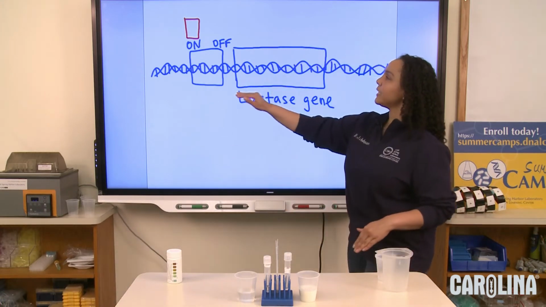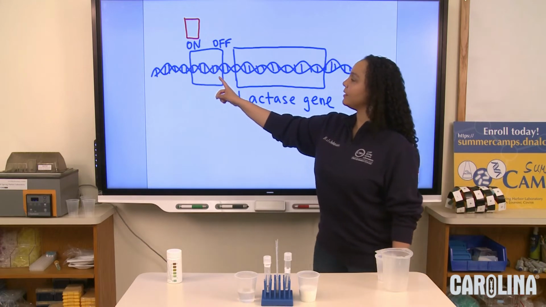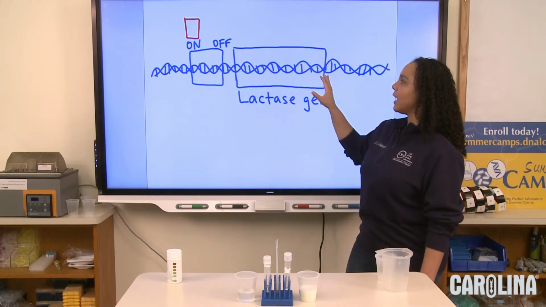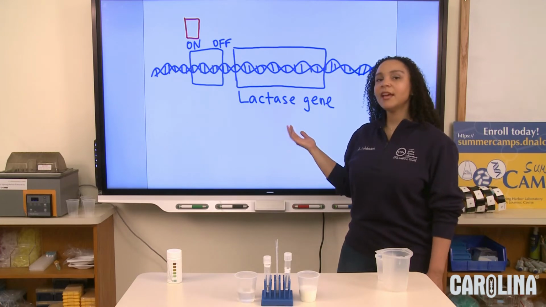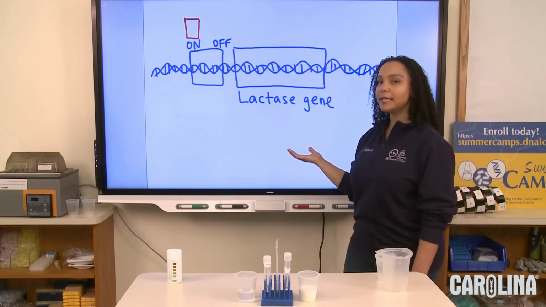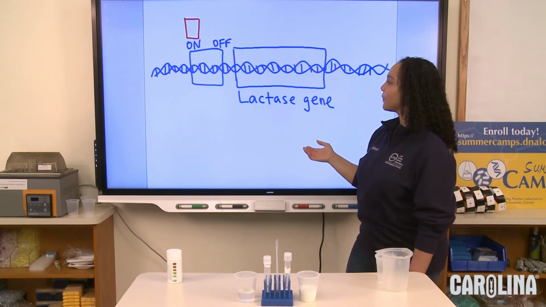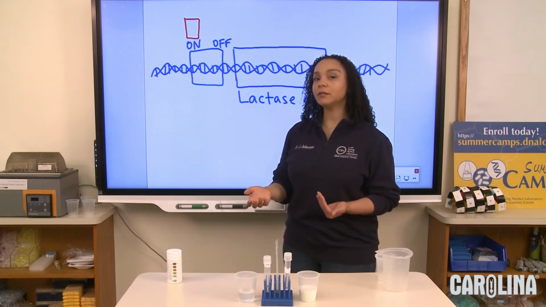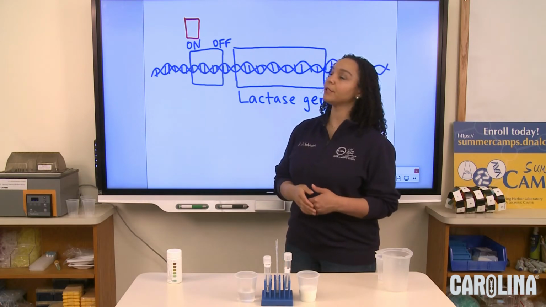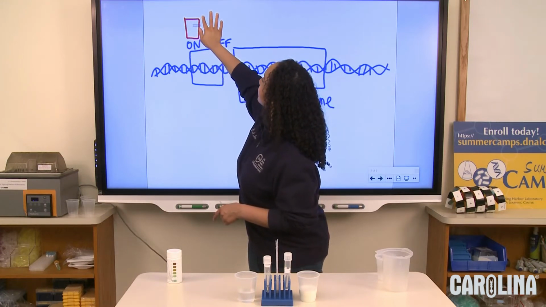So what you see on this screen right now is DNA. The double helix, it's just horizontal. And this segment right here is showing you the lactase gene. If I have the lactase gene, can I break down lactose? That's correct. However, for most people, once we become adults and we're weaned off of our mother's milk, the gene shuts off.